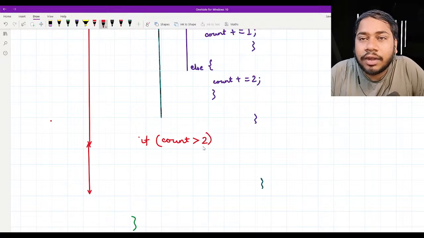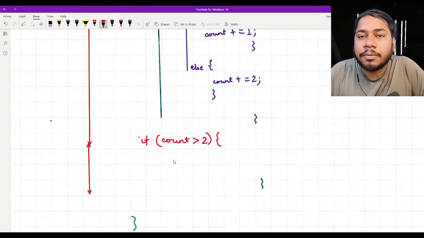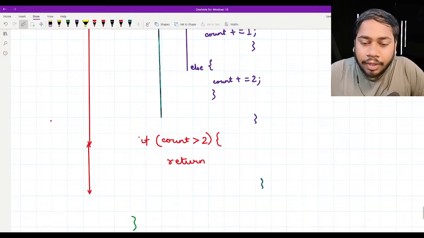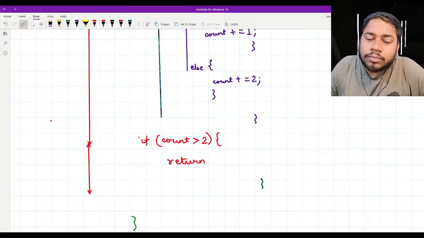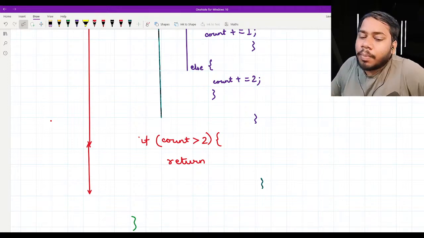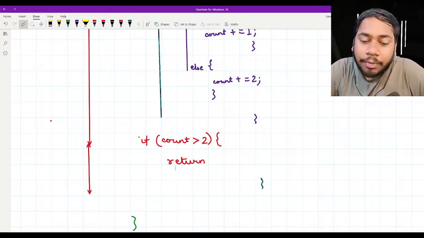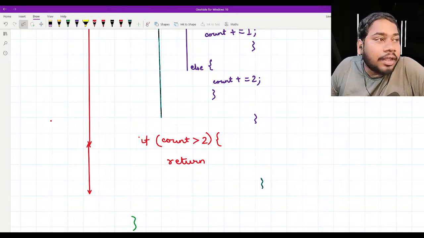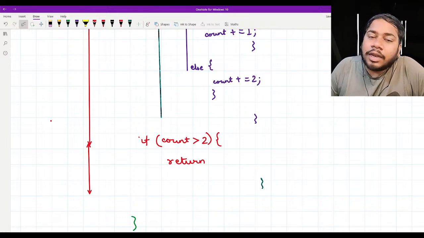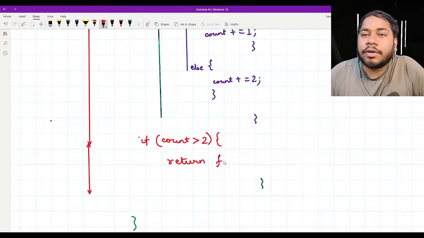If count is greater than 2, then what do you have to do? That means we have already found that the number is not prime, right? So it will return false. Simple.